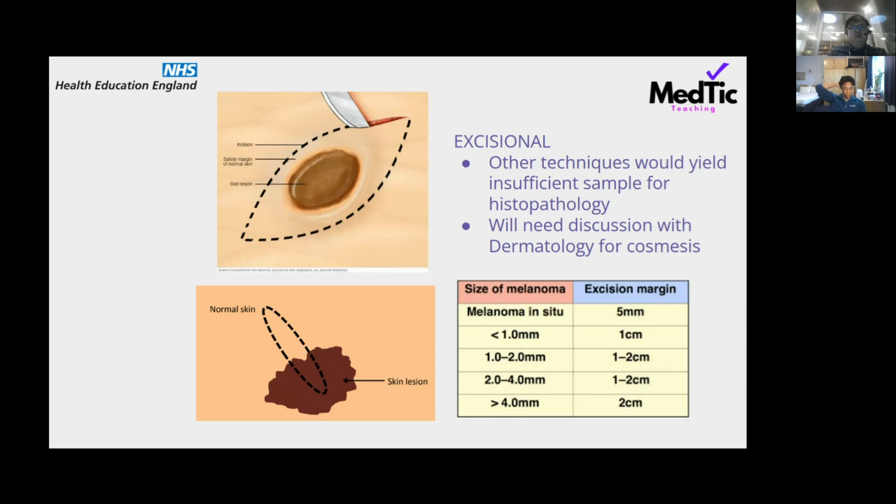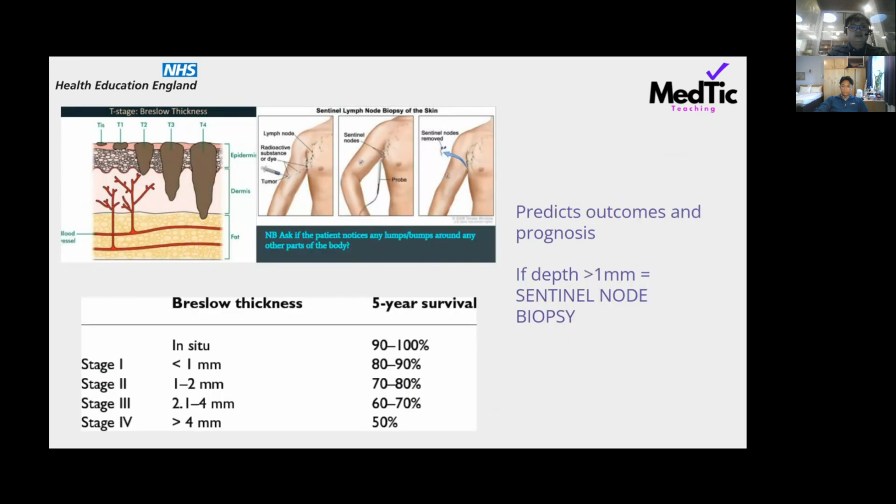So if you can avoid it, you want to do an excisional more. And the margins of excision depend on the size of the melanoma, which is why diameter is quite important in this as well.